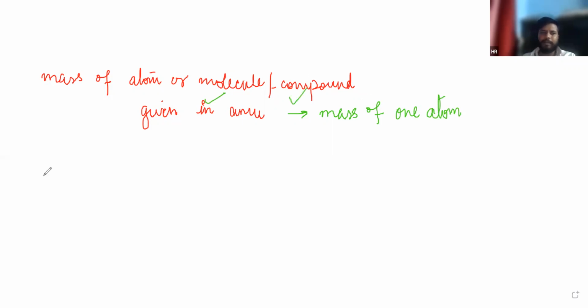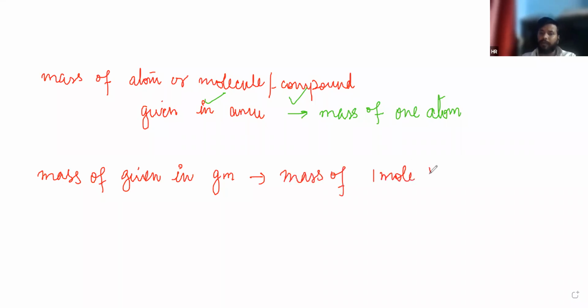If mass is given in terms of gram, that means the mass of one mole of atoms.